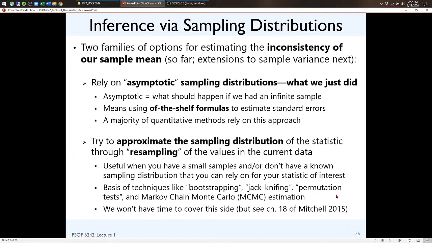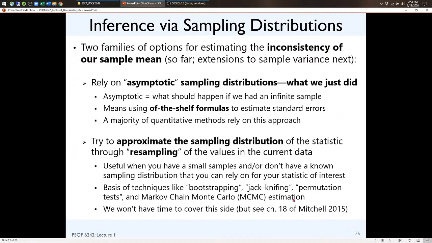But the idea is that rather than trying to apply the logic of asymptotics, what would happen across repeated samples that you don't have, you just use resampling with your own data to try and come up with an empirically derived standard error instead.